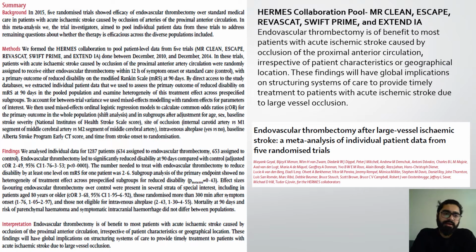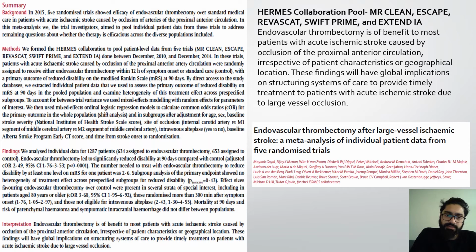In their findings, individual data for almost 1,287 patients were taken into account, and 634 were assigned to the endovascular thrombectomy and 653 assigned to the control group. The endovascular thrombectomy group had significantly reduced disability at 90 days compared with controls, and the adjusted odds ratio was 2.49, which was very high for the endovascular group.